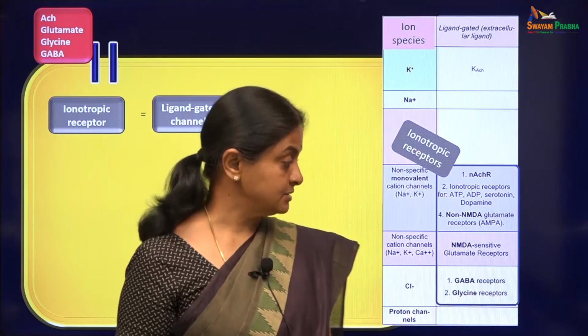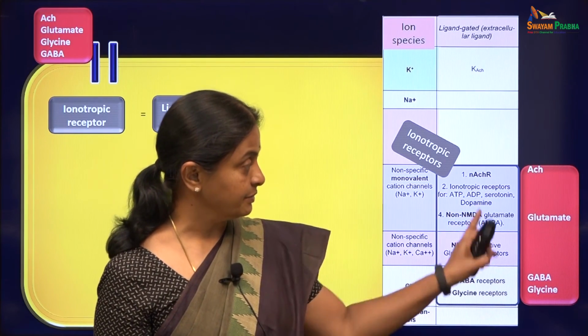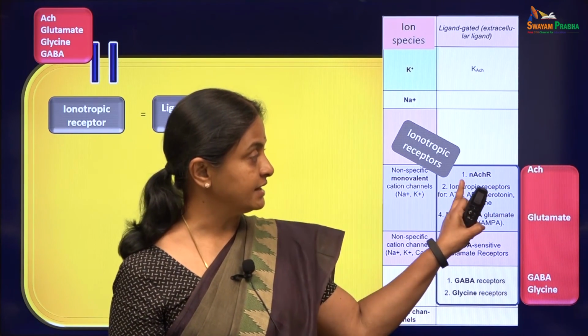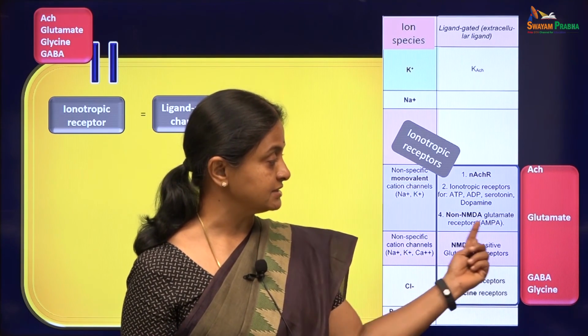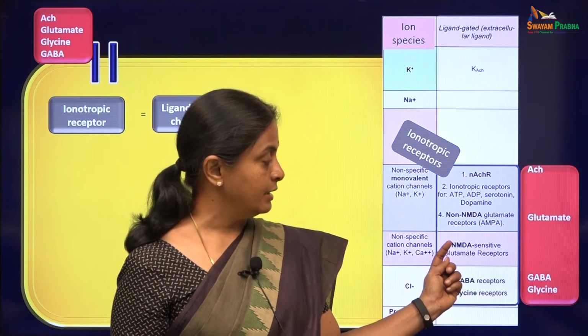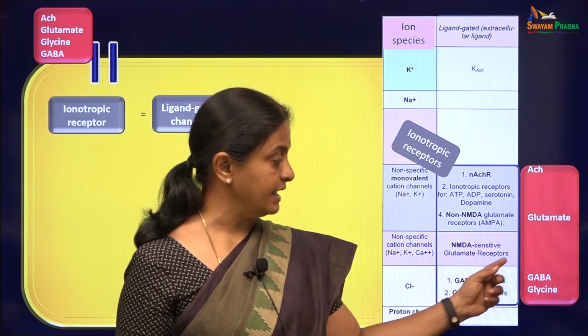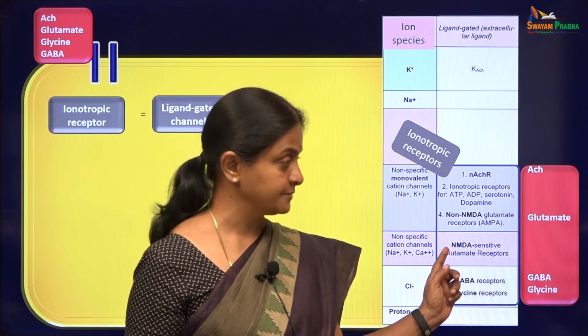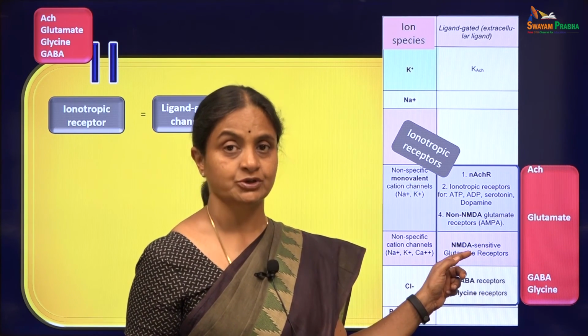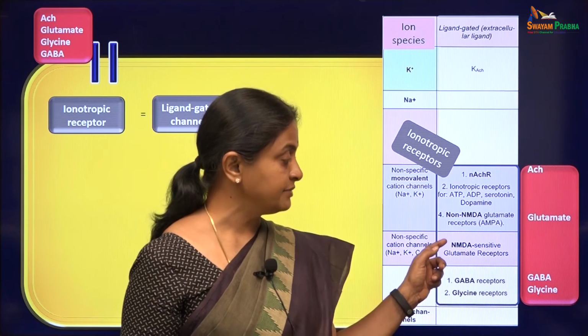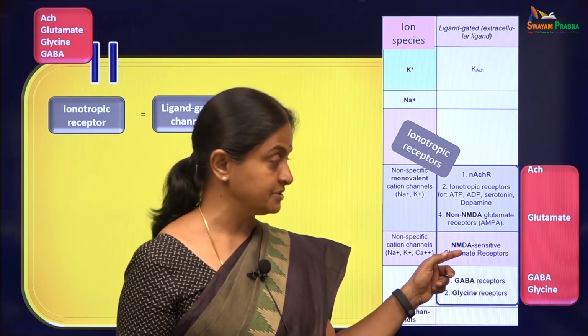So, these ligands appear here in the table. Acetylcholine is the ligand for nicotinic acetylcholine receptor. Glutamate is the ligand for non-NMDA and NMDA sensitive receptors. Both of these are glutamate receptors. The natural ligand is glutamate, and NMDA is a blocker for this type of receptor.